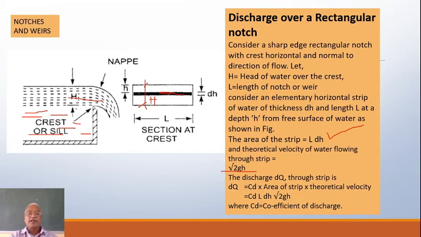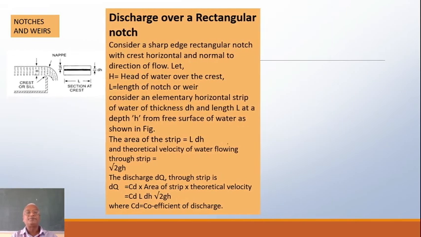So Cd, the area of the strip becomes L into dh, and the theoretical velocity is root 2gh. Cd is the coefficient of discharge. Now we have to integrate this expression from 0 at that level up to capital H, right? So we'll do that here.